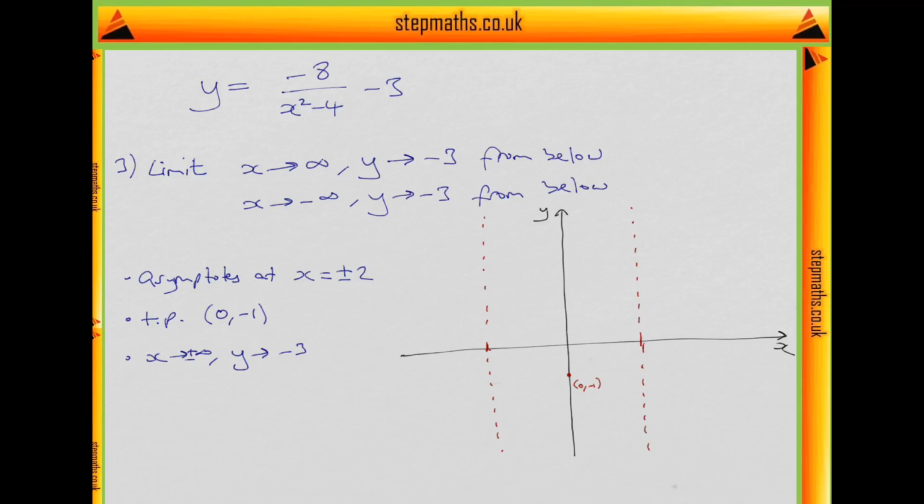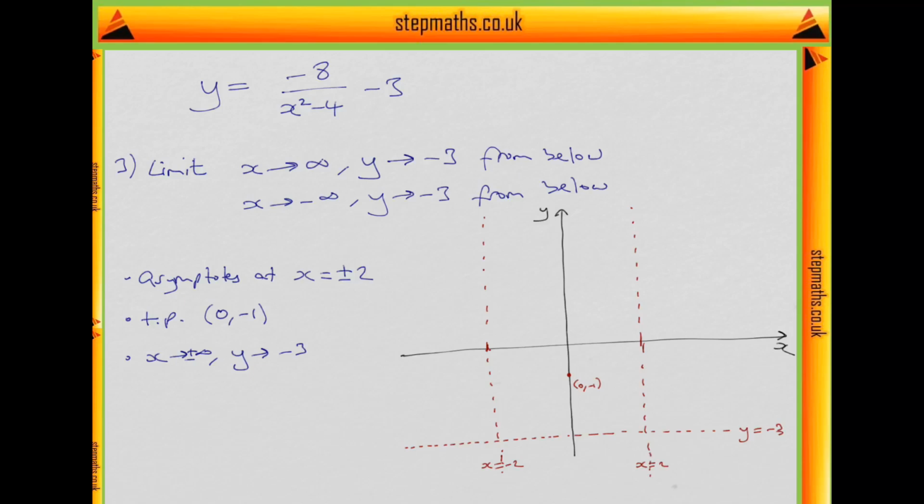We have to spot that because the limit as x tends to plus or minus infinity is minus 3, we're going to have a horizontal asymptote at y equals minus 3. So the function will never actually reach y equals minus 3. So we can label that in as well. So this is the asymptote at y equals minus 3. This is x equals 2. And this is x equals minus 2.